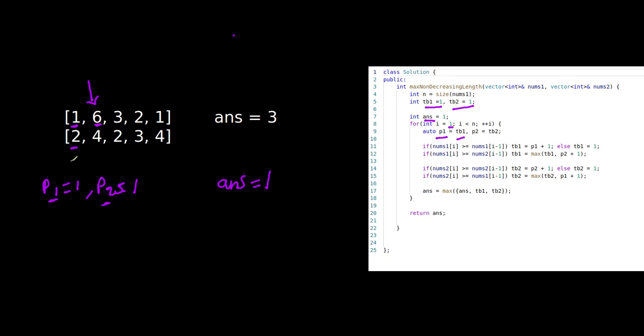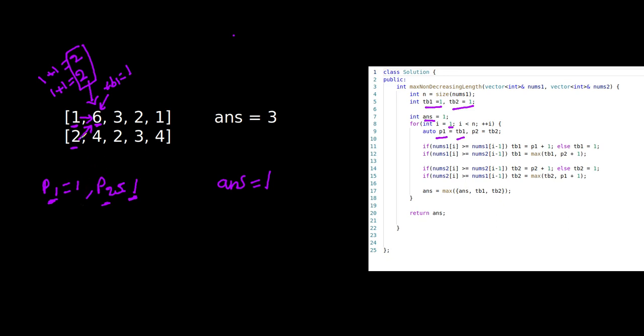Now solve for 6. 1 is not greater than 6, and the value of p1 is 1, so we have 1 plus 1 equal 2. From 2 to 6 we can go, the value of p2 is 1, so 1 plus 1 equal 2. The maximum of these two is 2, so tb1 here is 2.